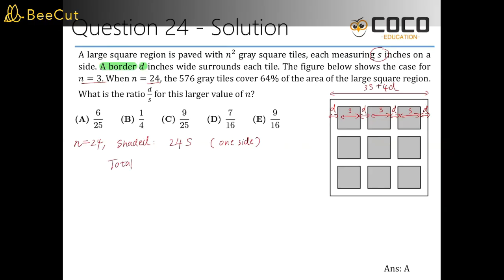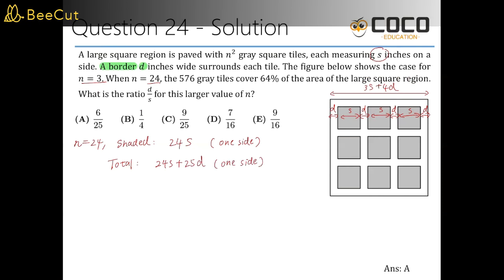As for the total, when it's 3s, there are 4d. The number of d is 1 more than the number of s. So when this is 24s, you will have 25 borders, so 25d. This is for one side of the large square.